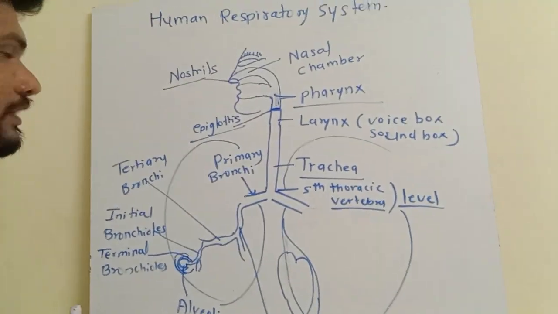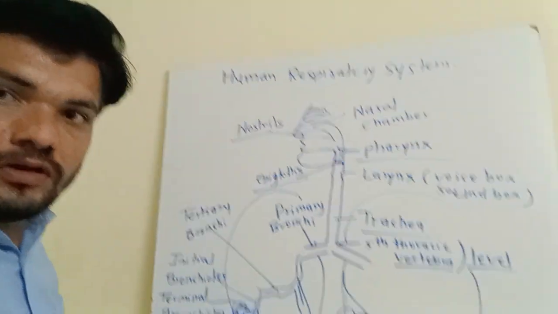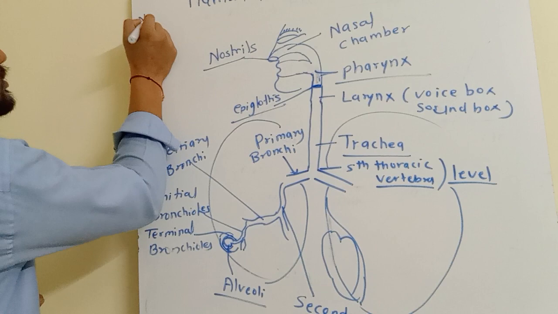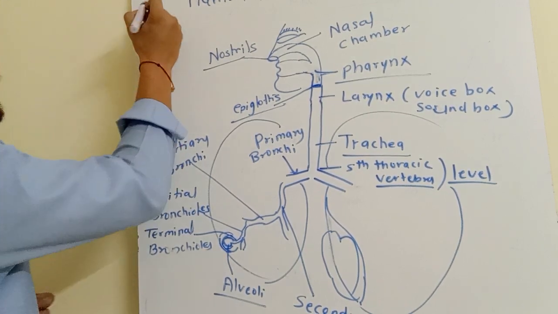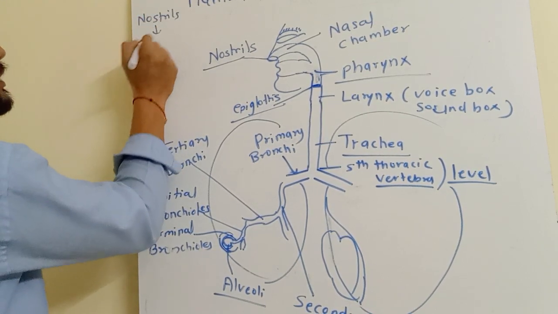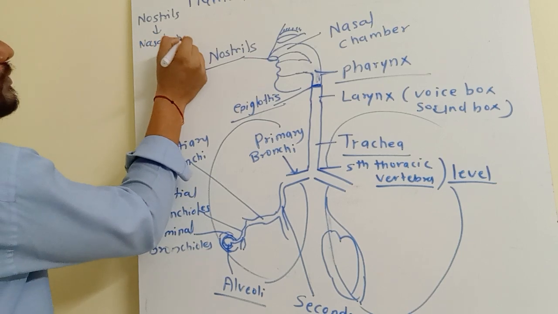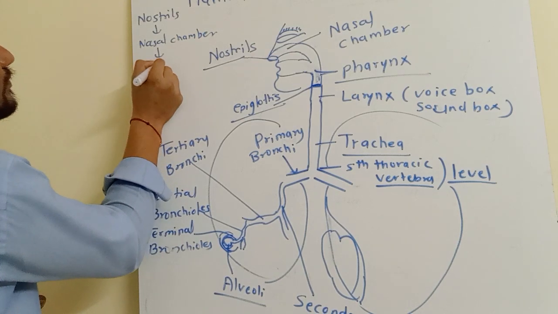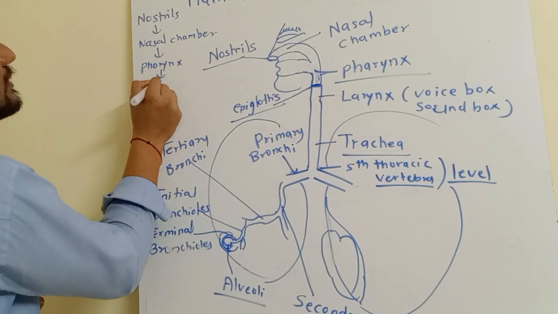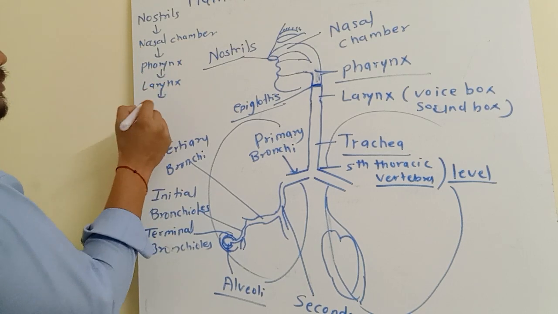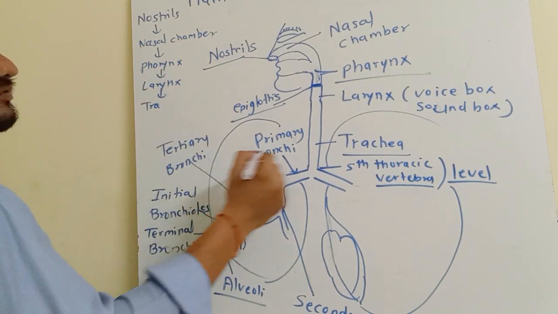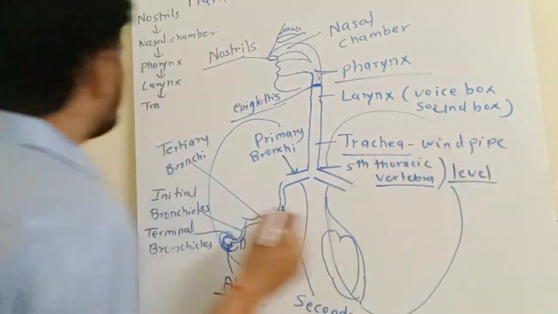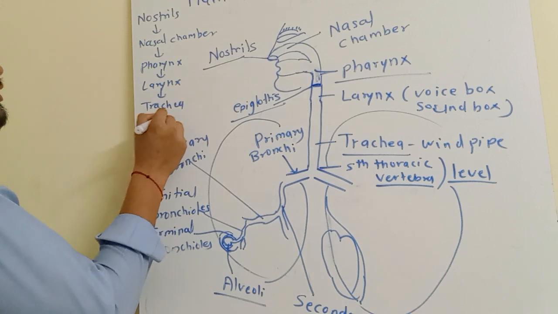For convenience, I am drawing a flow chart of where your air is going. From nostrils to nasal chamber, nasal chamber to pharynx, to larynx, to trachea, which is also called windpipe, a long pipe. Trachea to bronchi.